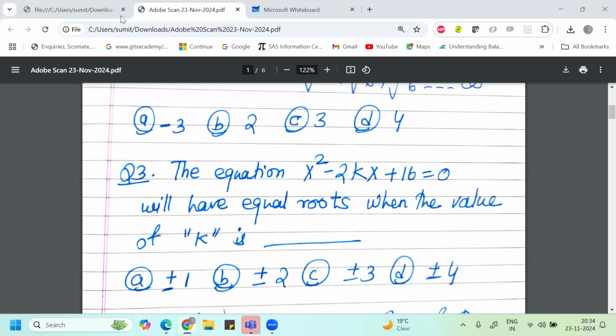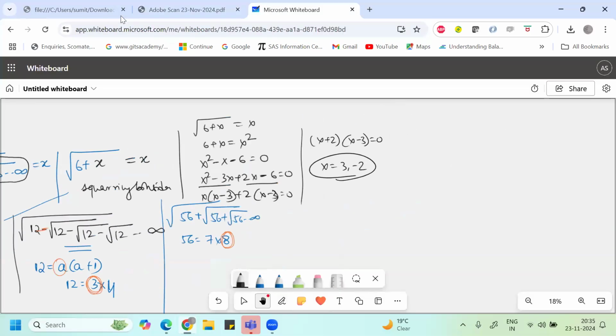Equal roots. What is the condition for equal roots? Equal roots means when your determinant is equal to 0.